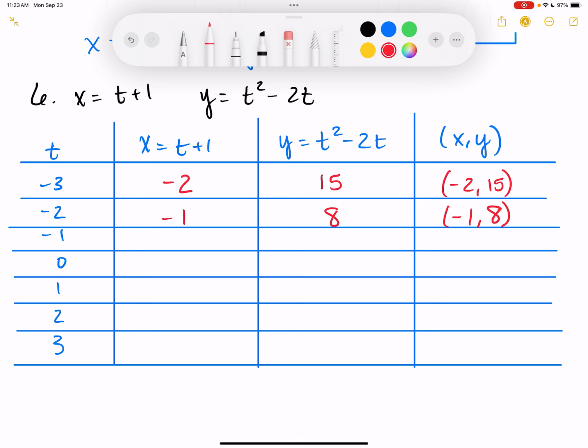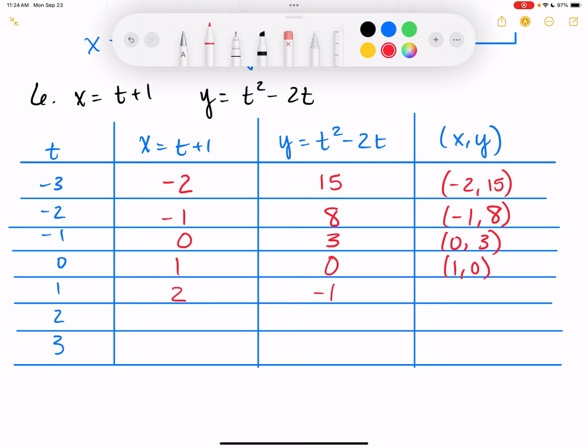All right, what about -1? Plug it in. 0. What about over here? 3. So 0, 3. Next, 0 gives 1 for x and 0 for y, so we get 1, 0. What about when I plug in 1? And the other one?